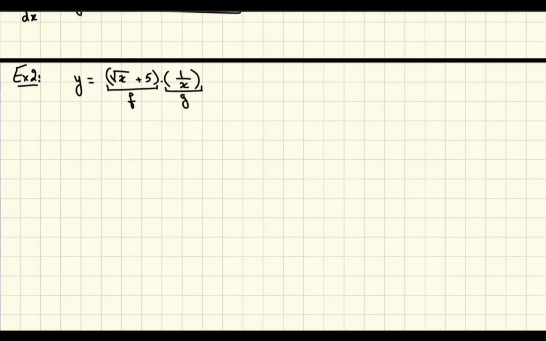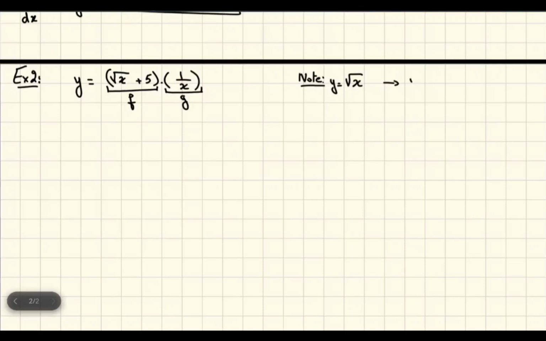Now I'm just going to do something here on the side so we can use it always as a rule, which is the derivative of radical x. So if I'm deriving radical of x, let's say y is equal to radical x, then I know that the derivative of radical x will be 1 over 2 radical x in one step. We can take it like this always, so this is the rule for it.